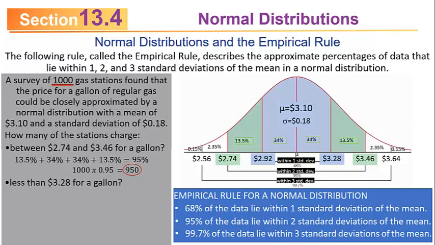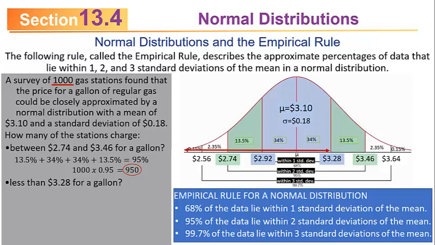How about this? How many of the stations charge less than 328 for a gallon? Again, you look back at the empirical rule work that you did, and if you want to say less than 328, that means you start at 328 and move all the way across to the left. So you pick up every percentage to the left of 328.